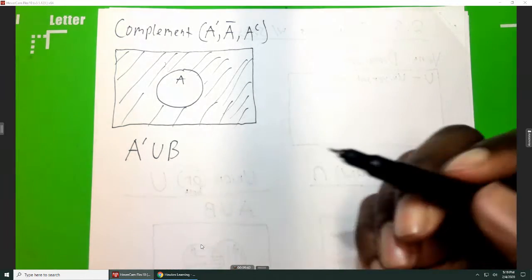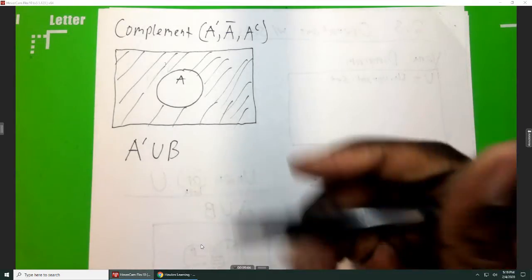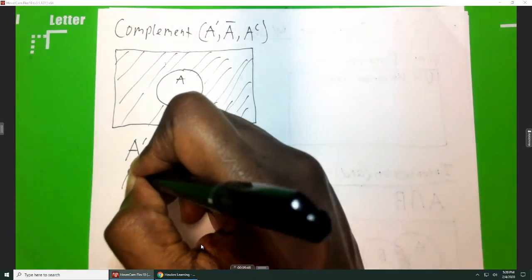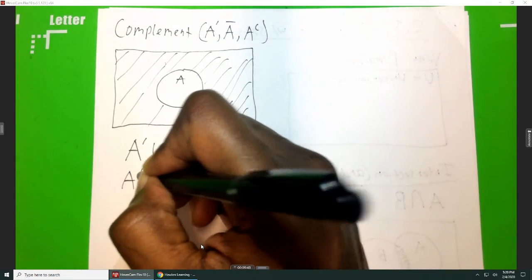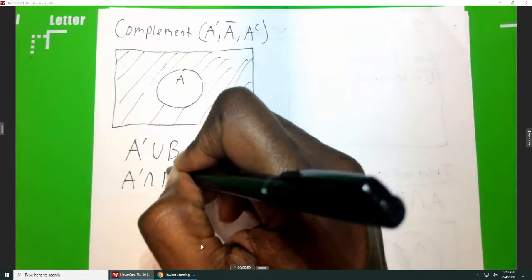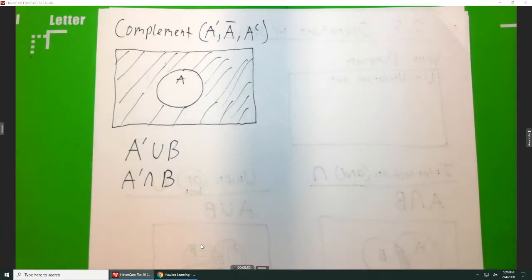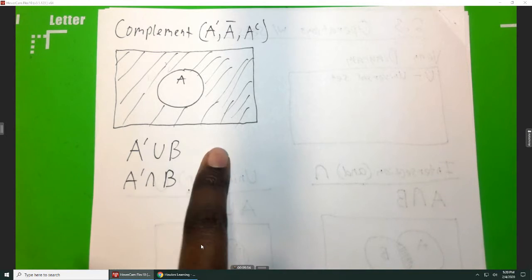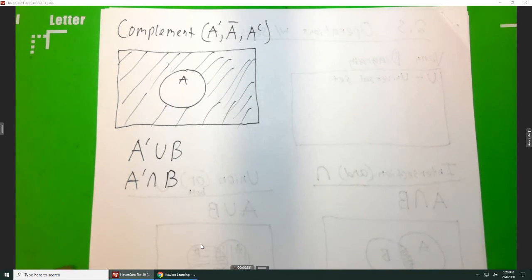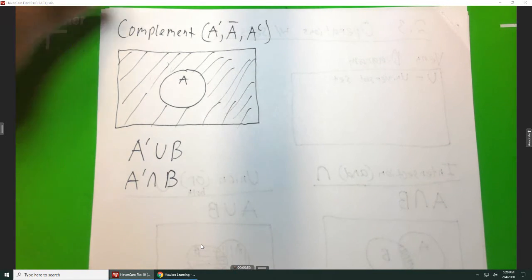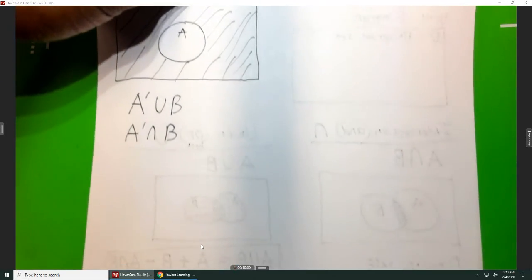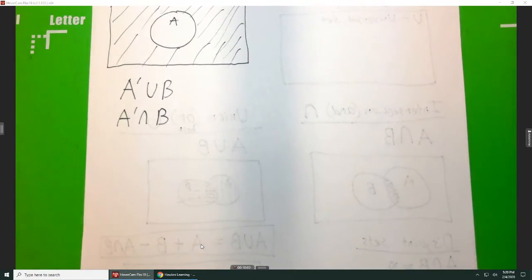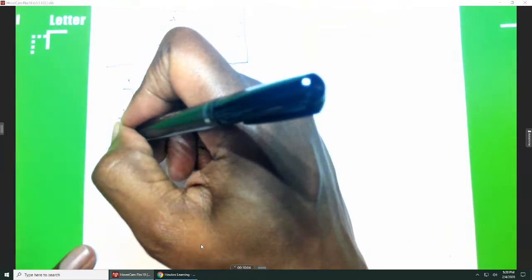But I'll show you some of De Morgan's laws, because we'll start mixing them up. You might see A complement intersect B. They'll just start doing a whole number of these. The complement might be before, might be after. Sometimes they might even add a third one, which we'll see in context. But De Morgan's laws, I'm going to show you those, and then we'll jump into some examples.